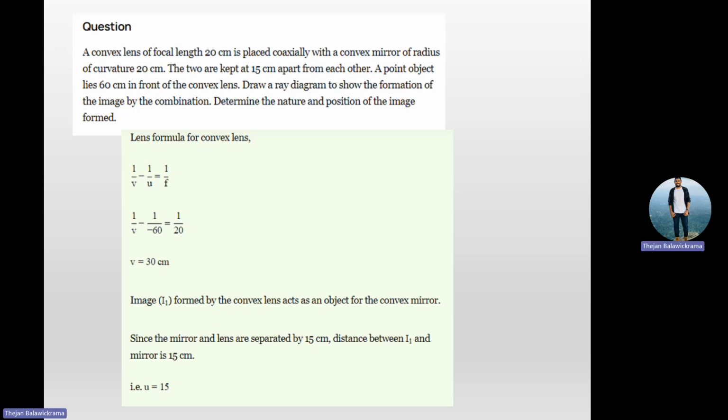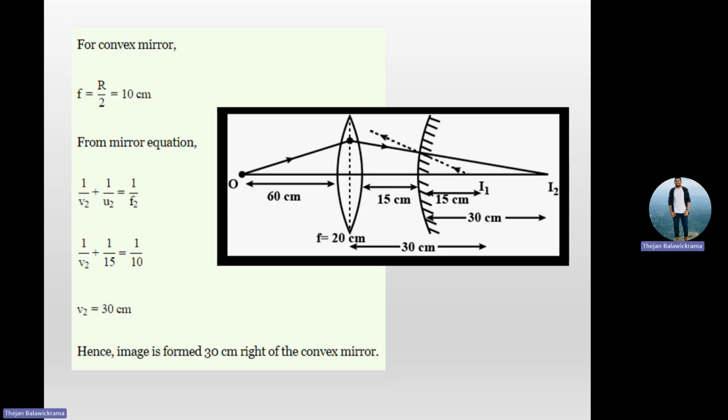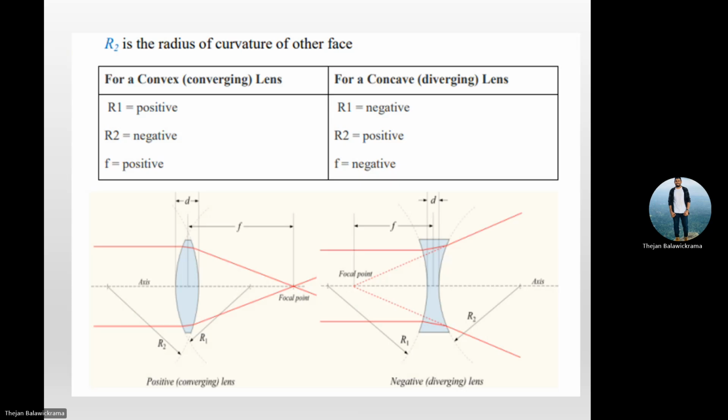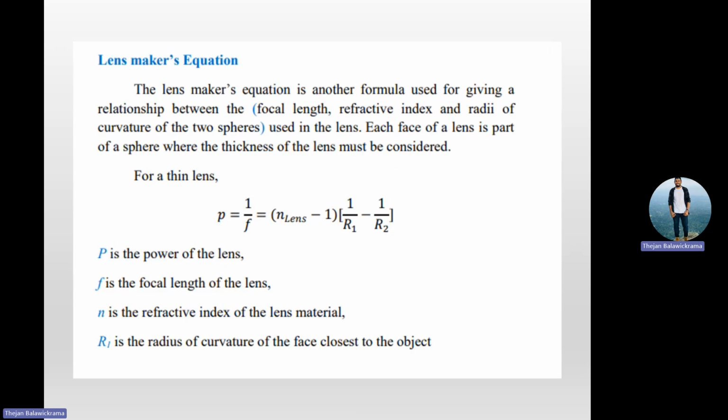And I want to concentrate on this. Makeup topic: lens makers equation.